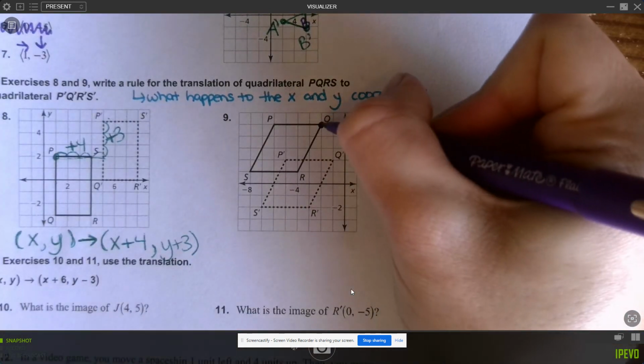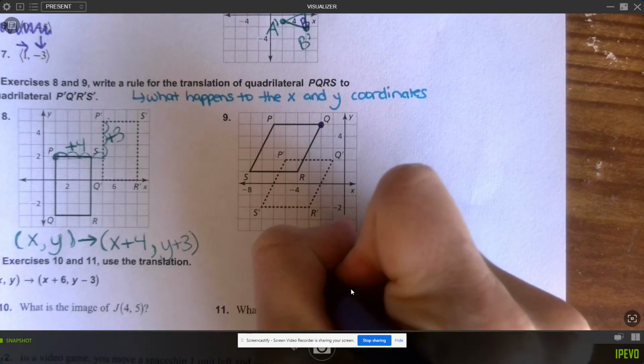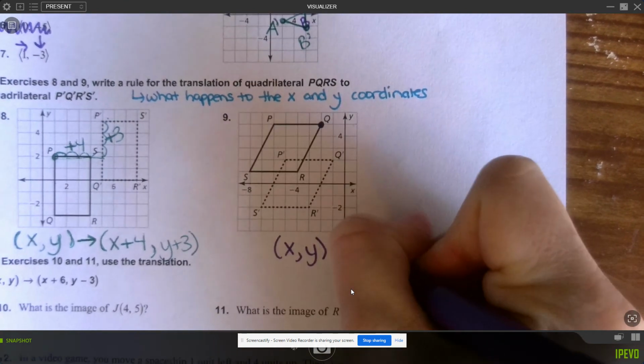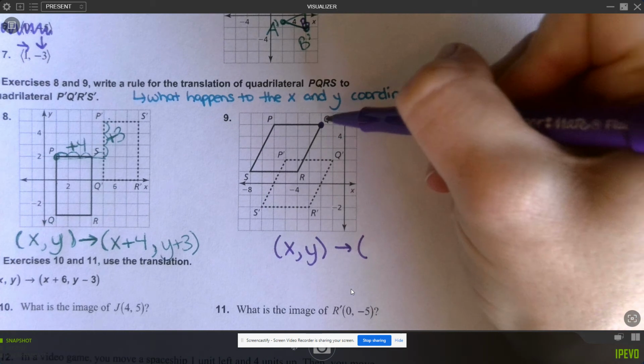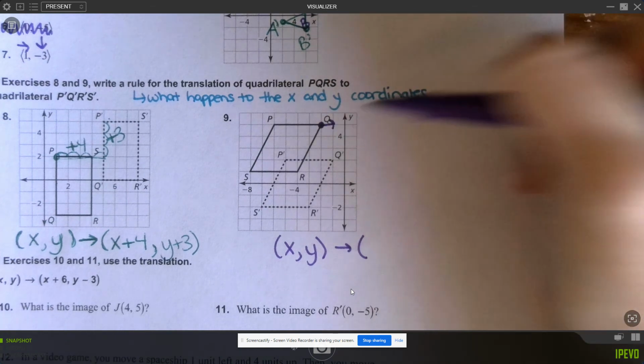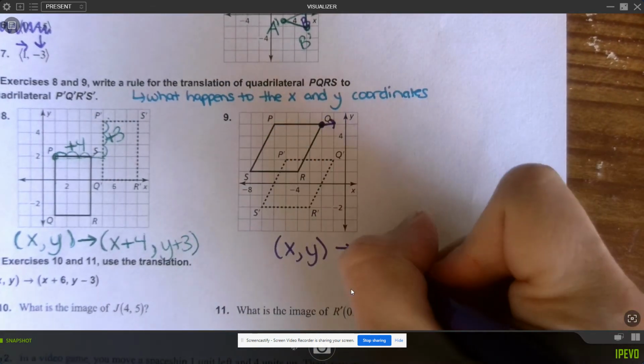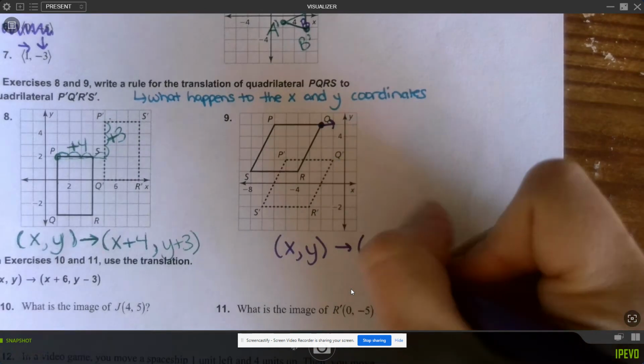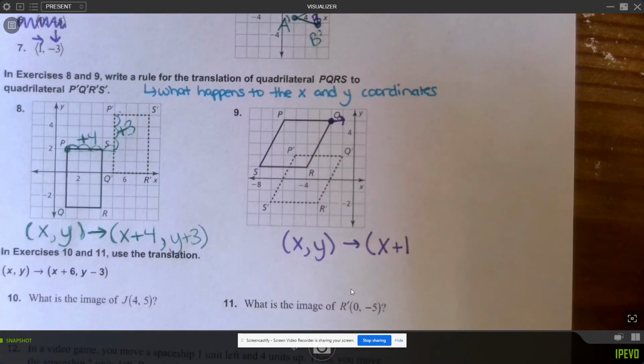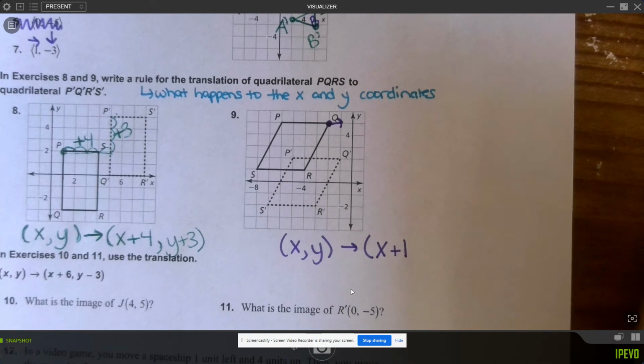So my horizontal component, to go from Q to Q prime, I have to go 1 to the right. So what's happening is I'm taking my original x coordinate and I'm adding 1 to it because I moved 1 to the right.